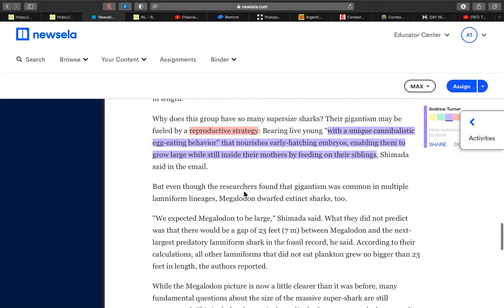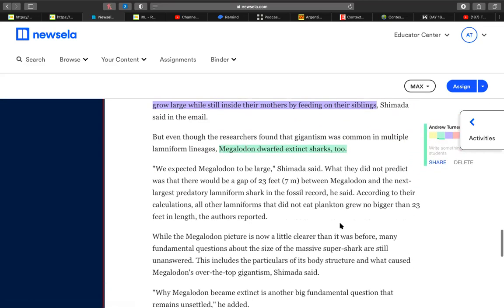But even though researchers found that gigantism was common in multiple lamniform lineages, megalodons dwarf extinct sharks too. So now we're going on. We expect Megalodon to be large, Shimada said.